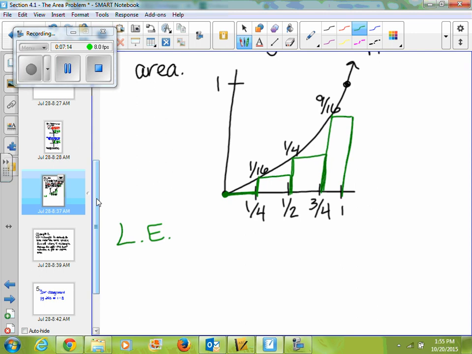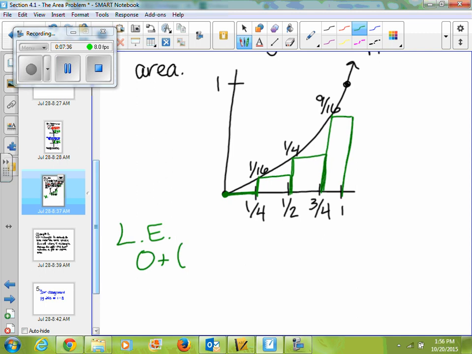So if I want to find the area of this first rectangle, I know I have a height of 0 and a length of 1/4. So the area of my first rectangle is just 0. If I go to my second rectangle, I have a height of 1/16 and a length of 1/4.